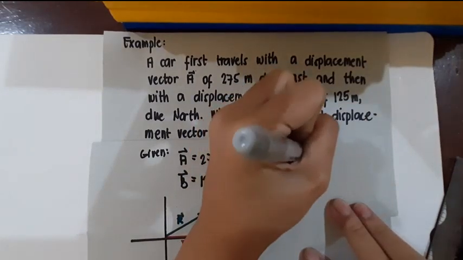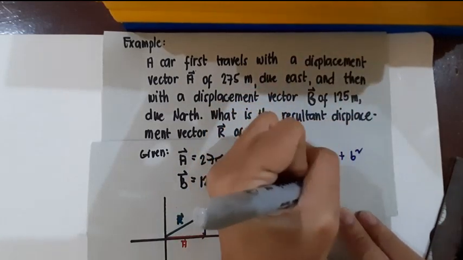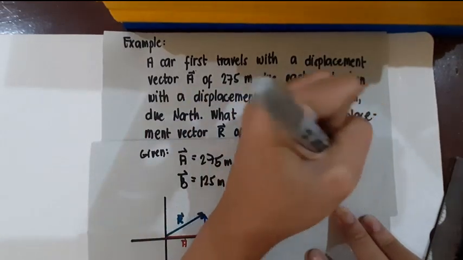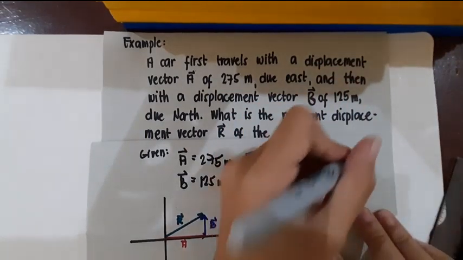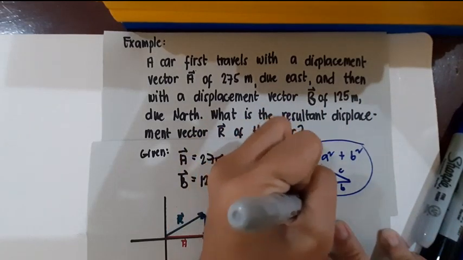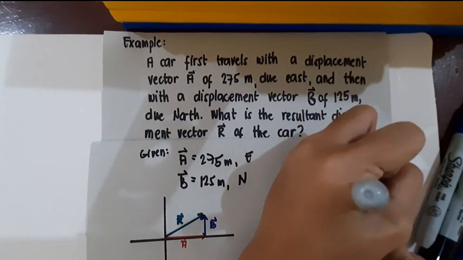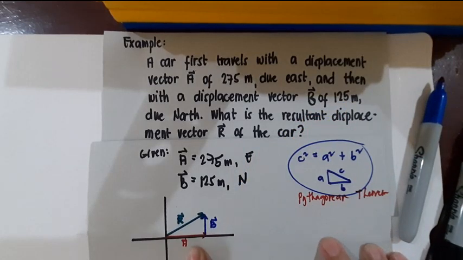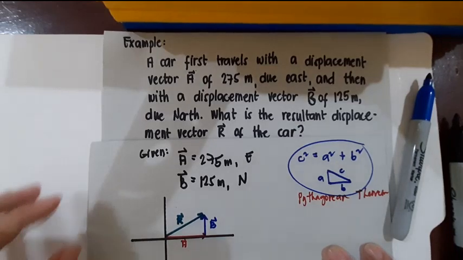This is for right triangles, given that c is your hypotenuse, this is your a, this is your b. You can use the Pythagorean theorem when your problem forms a right triangle, or has a right angle.